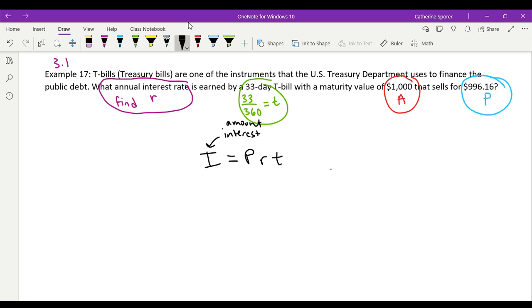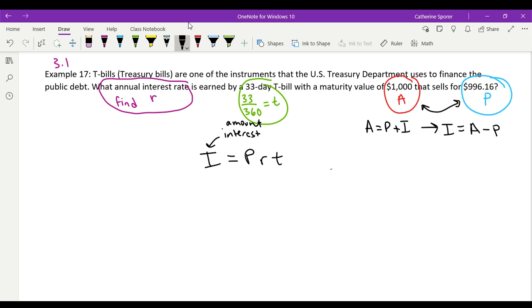Well, the amount of interest is the difference between these two values, because the final amount is the principal plus the interest. So if we wanted to get the interest, we could just subtract the final amount minus the principal. That would give us the amount of interest as a dollar amount that was earned over the time period.